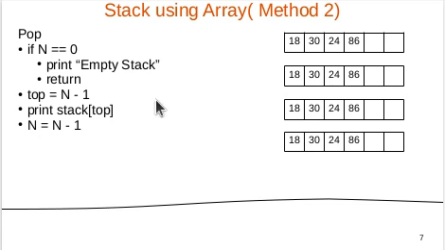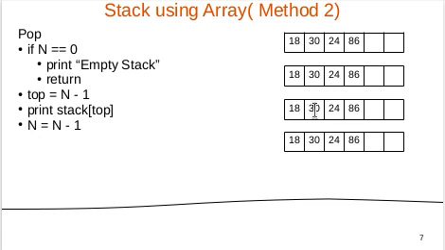Now again we have to delete another item. We have to delete 24, as the number of elements present in the array is 3, we know. So top will be 2. So print stack top, that means 2, 0, 1, 2. It will be printed and the number of elements will be 2.